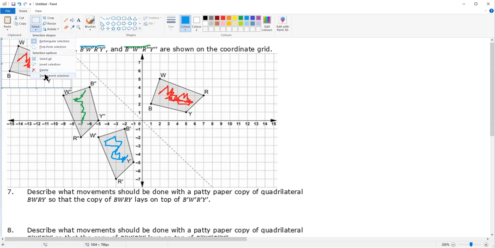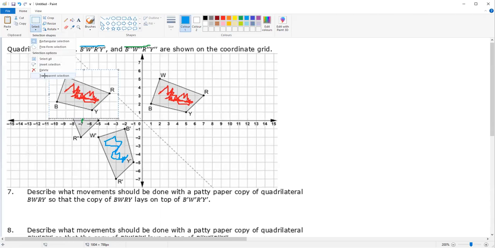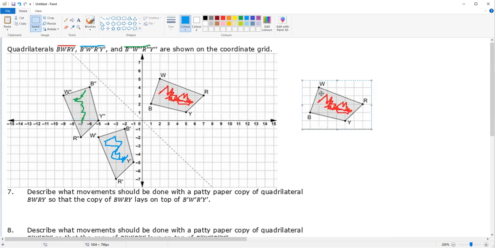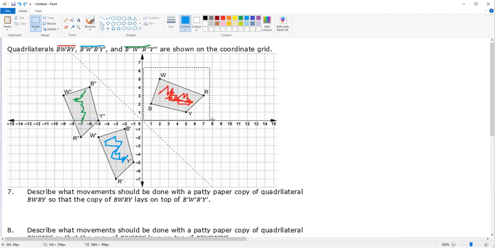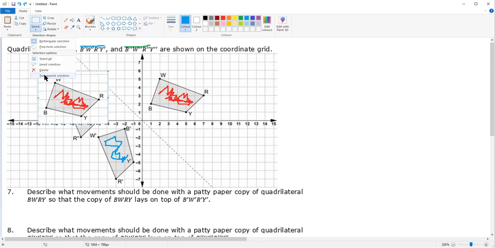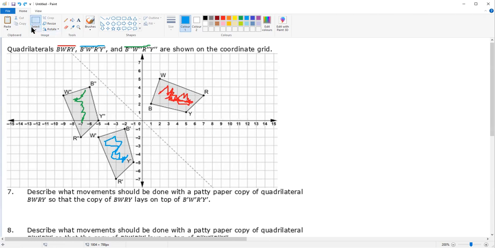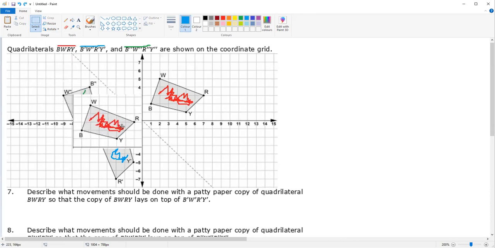Come on, give me something transparent here. Transparent selection. Whatever. Okay.